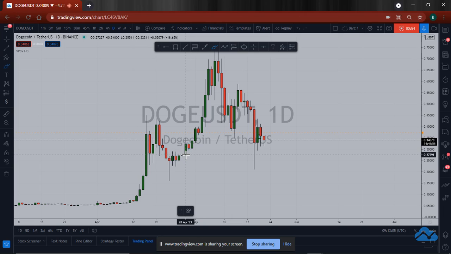as we identified 2 days ago when I made the last analysis, we identified these areas of demand. I explained how price has come to test these three levels of demand that we have from this point. Now that we have our retest of demand, 2 days ago we had a bullish reaction, right?